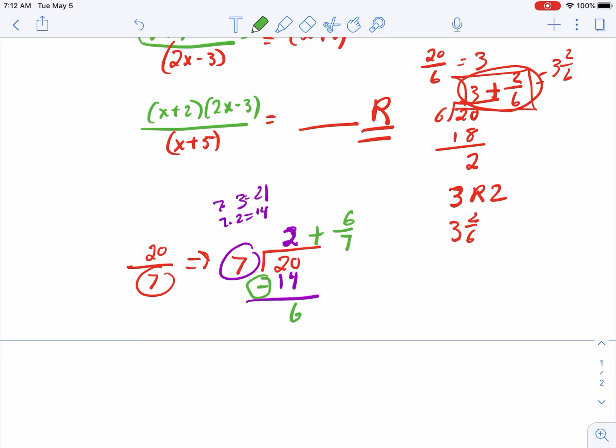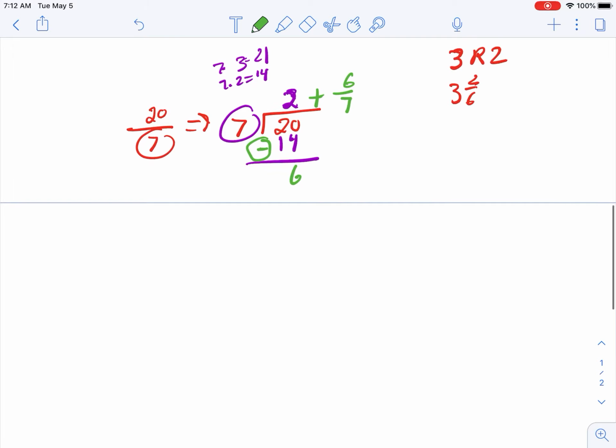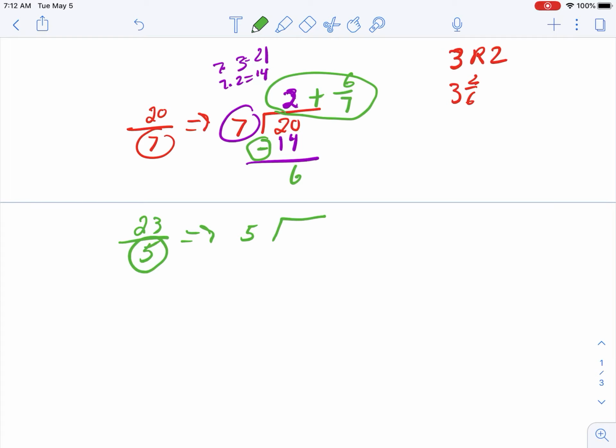Let me do one more just to give you the idea, because this is how we're going to leave our answer. Let's say 23 divided by 5. You put the 5 on the outside by 23. Looking at your options, 5 times 3 is 15, 5 times 4 is 20, 5 times 5 is 25.